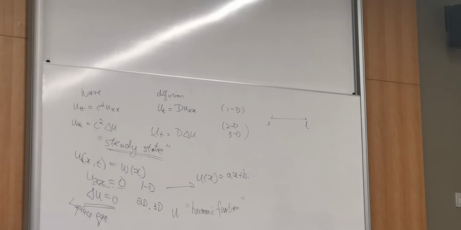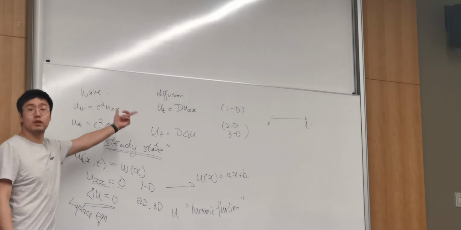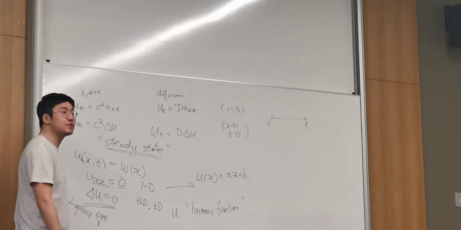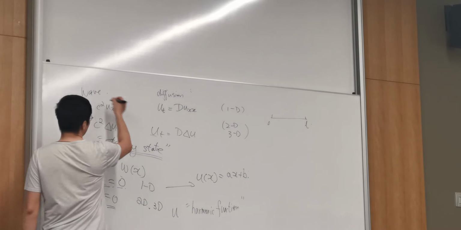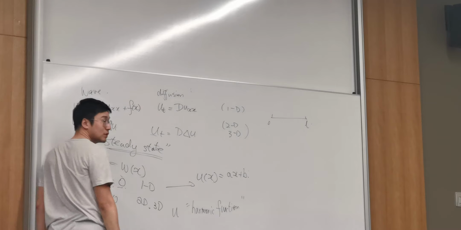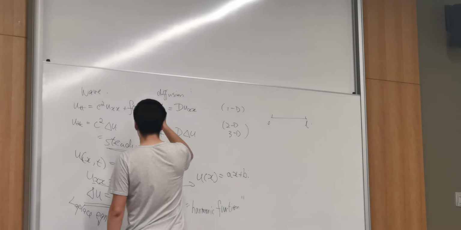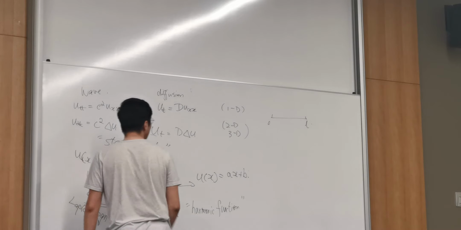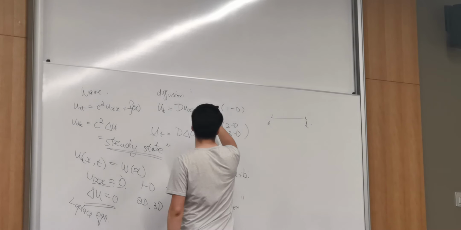And this is the case when everything is homogeneous. But if inhomogeneous, I'm going to have a wave equation with the right-hand side equal to f(x, t), let's just say f(x). The diffusion equation is the same.